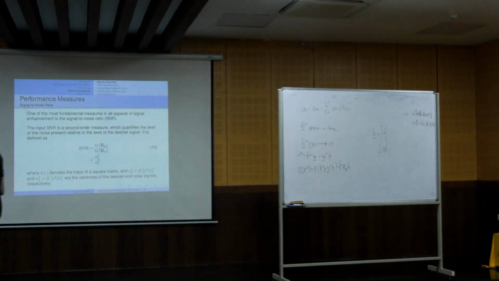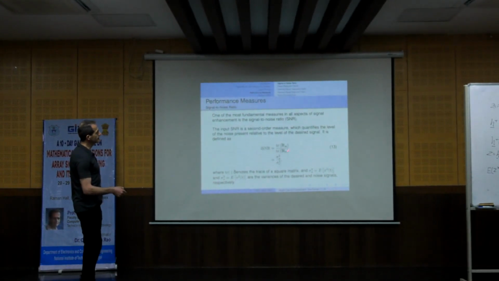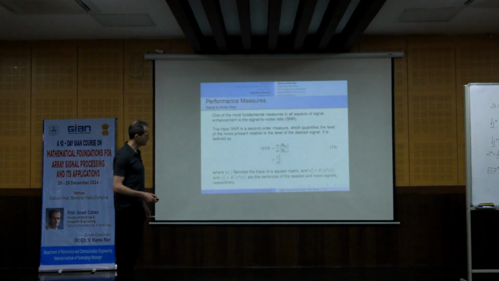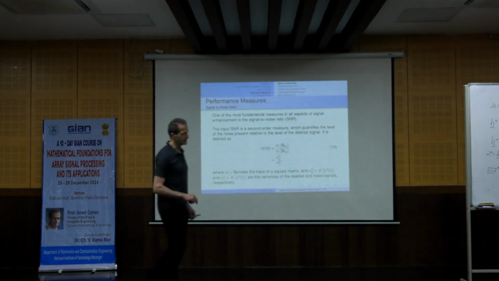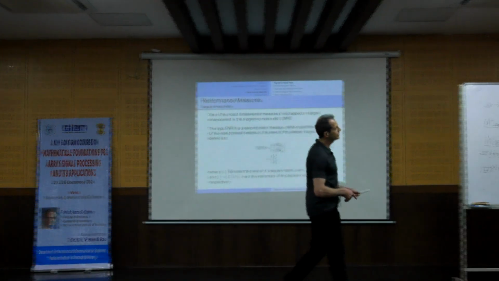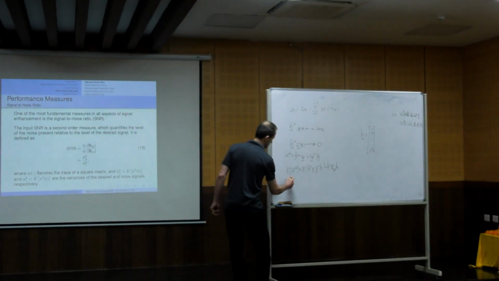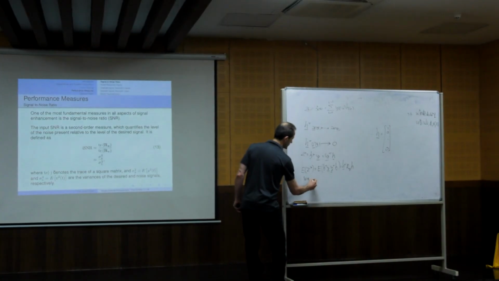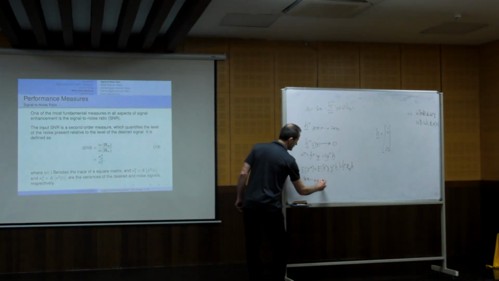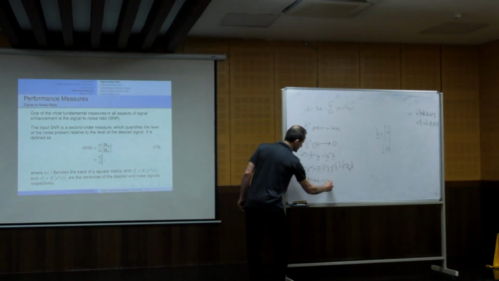So we can define the input signal to noise ratio. Input signal to noise ratio is actually, what does it mean? In the original signal, we have y(t) equals to x(t) plus v(t).